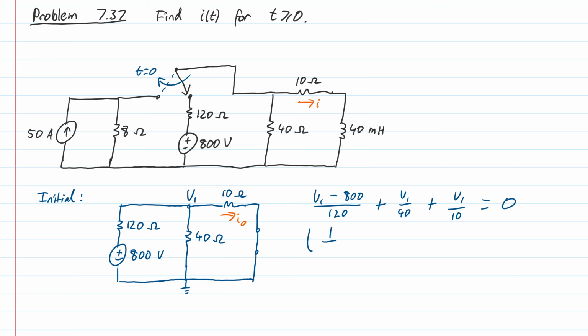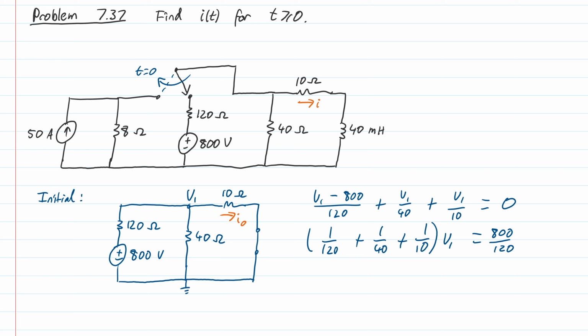So I can bring together all my coefficients of V1, and so they are these times V1, and the right hand side will be 800 divided by 120. So we just get out the calculator, and so right hand side, 800 divided by 120, 6.66, divided by the term in brackets.